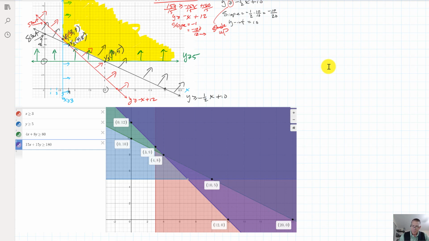V1 is here, V2 is here, V3 is here, and they all match what I came up with earlier. So that's good, and this is your feasible region out here.